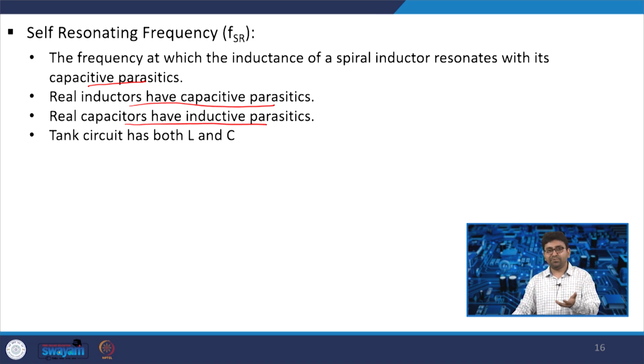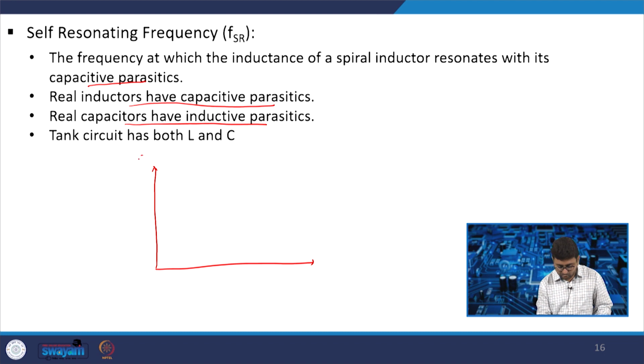So, in reality when we get the inductor which is designed, there is always a capacitive parasitic, and because of this capacitor inherent in the inductor, it will resonate at one frequency. The same thing is true for a capacitor, there is some inductive parasitic, and that tank circuit has both inductor and capacitor. So, if you try to plot the quality factor Q versus frequency, it will start increasing, and at one point of time it will start decreasing.